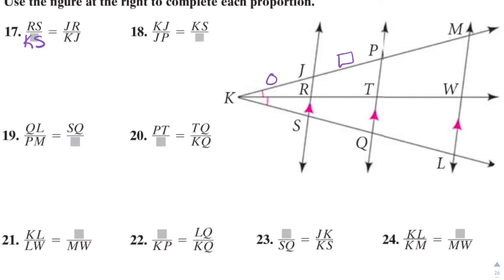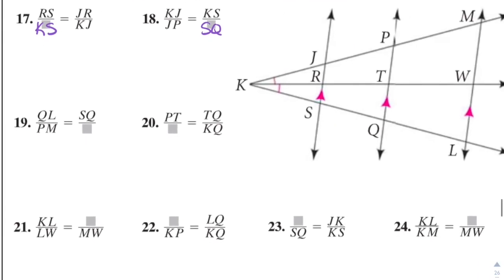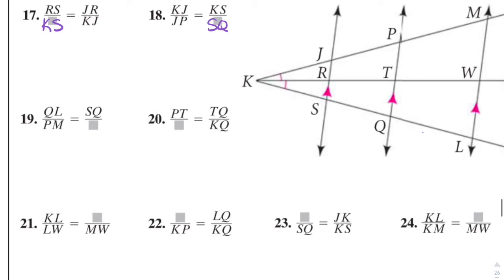So it's going to have to be SQ. Maybe I didn't use the same. I should have done circle, circle, square, and square. So KJ, JP, KS, SQ. All right, QL, QL, PM, those two.